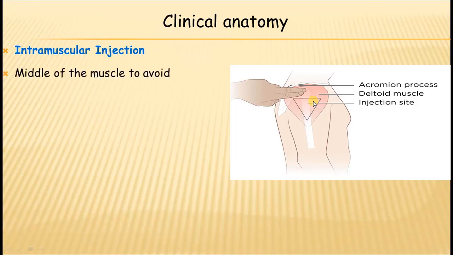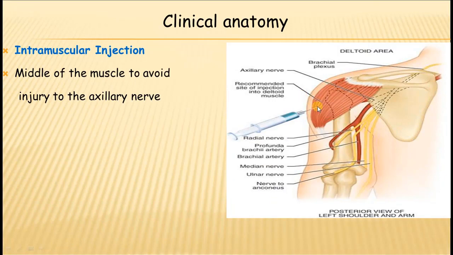The only thing is, you should have 2 finger breadth from the head of the humerus. So the area below 2 finger breadth from the head of the humerus is a safe zone for you to give intramuscular injections along the middle of the muscle, because if you go above that, sometimes you might accidentally injure the axillary nerve, which is present along the surgical neck of the humerus.